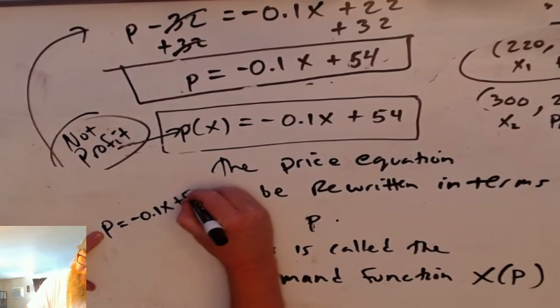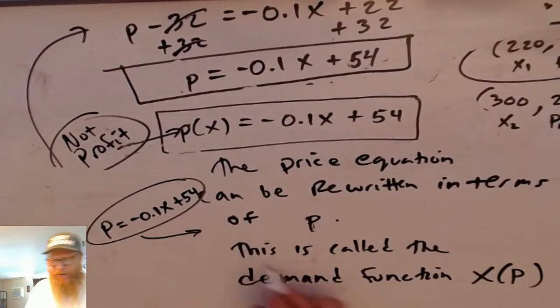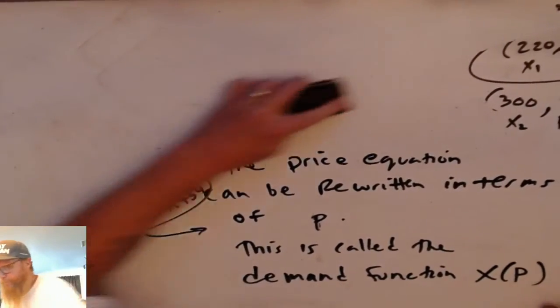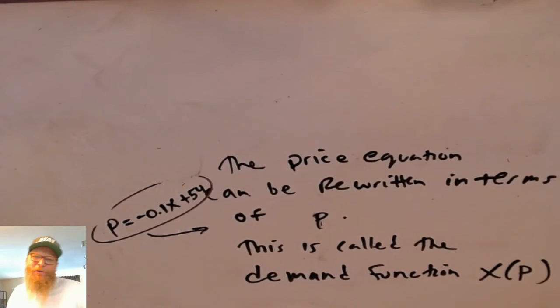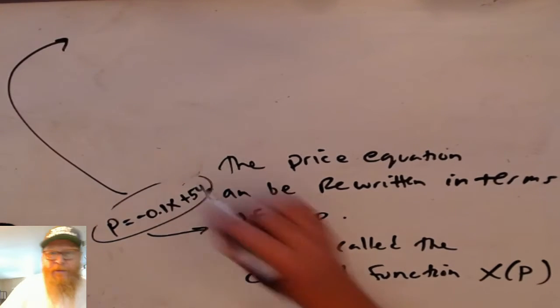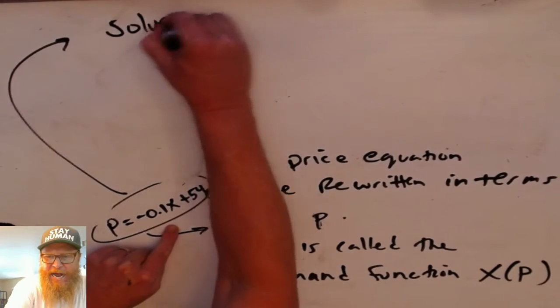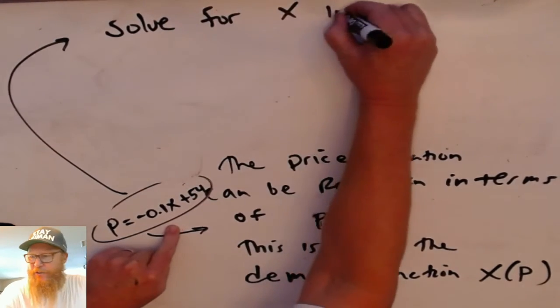So plus 54. So this is the way I want to rewrite it. I don't need to do the whole problem again. I mean, unless it's a new problem with different numbers. I'm just going to keep rolling with this one. So if I take this and I solve it for x in terms of P.